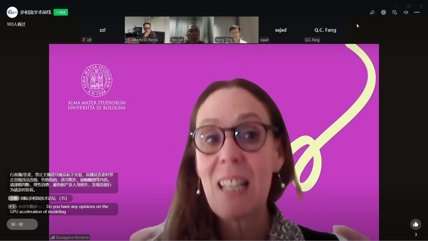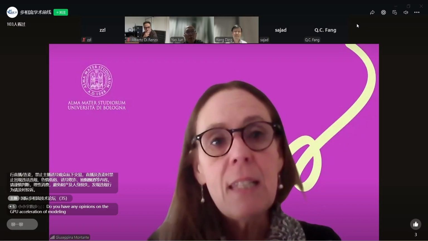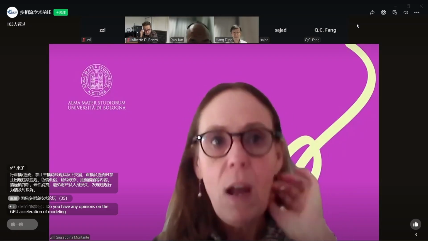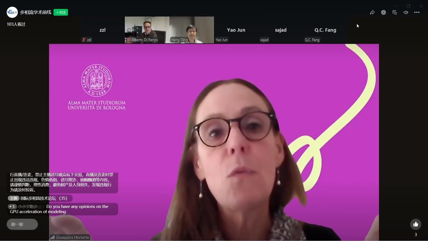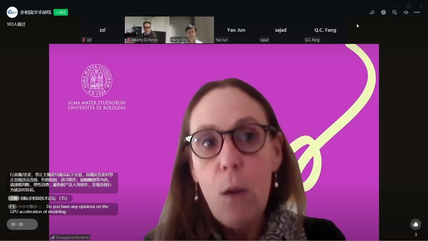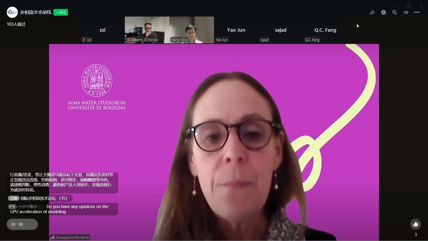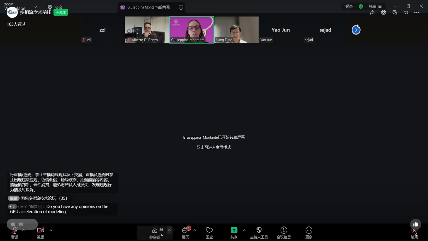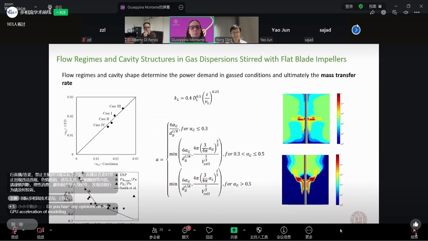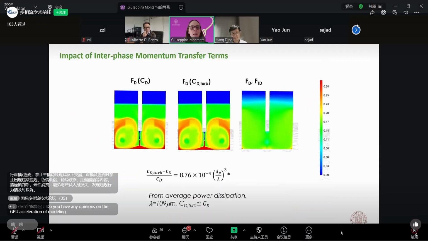So when we have the instantaneous drag force and we perform the Reynolds average, this contribution of the instantaneous drag force is split in two contributions, the drag and the turbulent dispersion force. So we have this equation that is derived from the Reynolds average that I showed you before. And if you want, I'll show it again. So this is the way we introduce this effect of the turbulent dispersion.